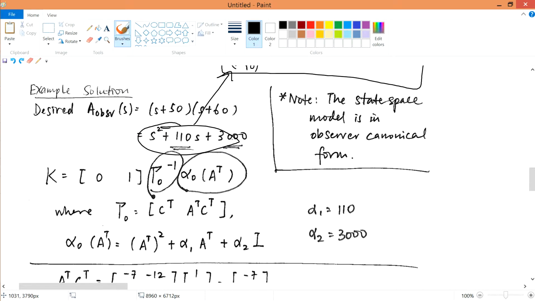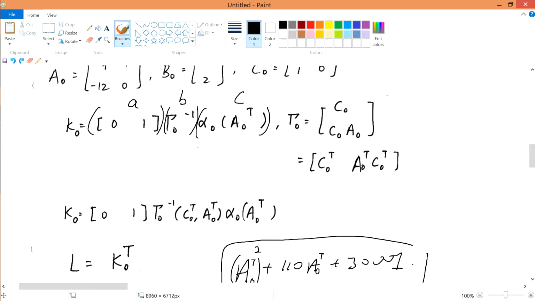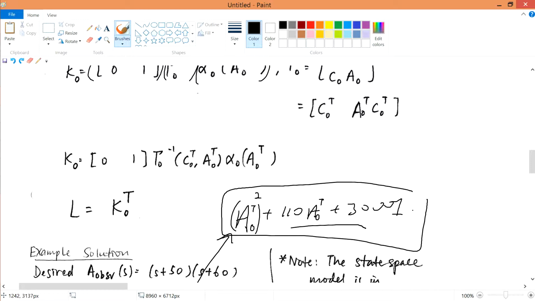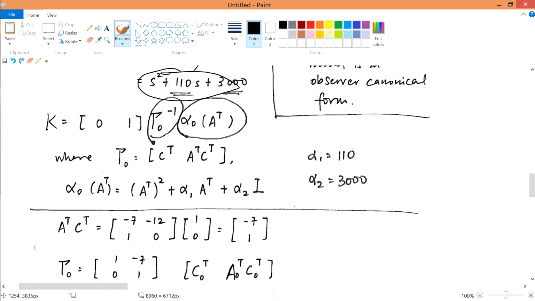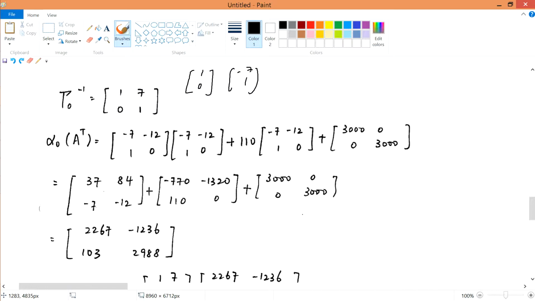So therefore we have solved for this part already. For the last part over here, we're going to elaborate this thing over here. This thing over here is A transpose, A transpose.